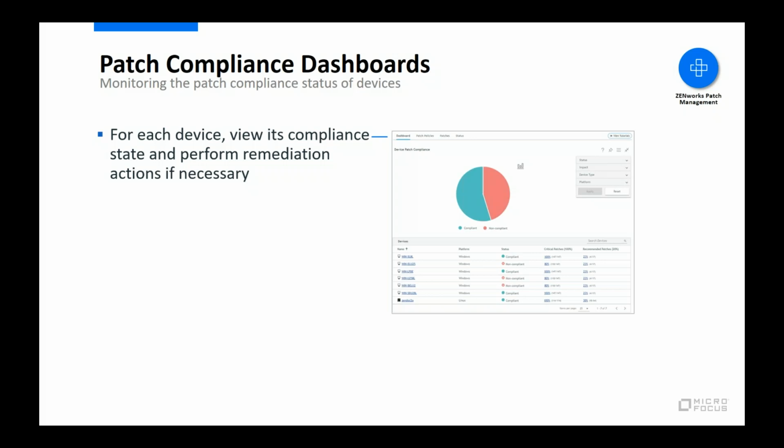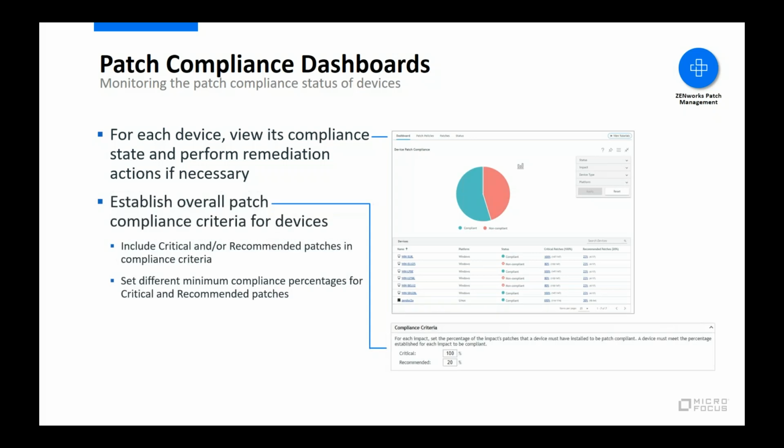In addition, you can filter the view to show only workstations or servers, to show compliance for critical patches only, or to show compliance for specific platforms, either Windows, Linux, or Mac. The device grid below the pie chart lets you see the compliance status for individual devices and drill down into a device to see which patches are causing it to be non-compliant. To best reflect your organization's patch compliance policies, you can adjust the critical and recommended patch percentages used to determine compliance.